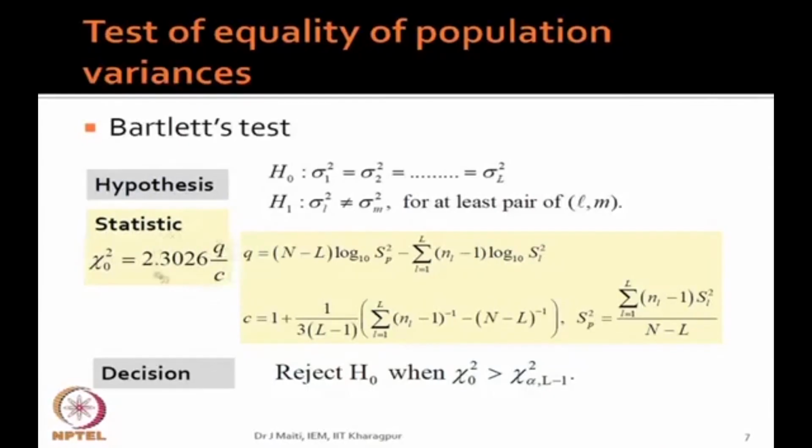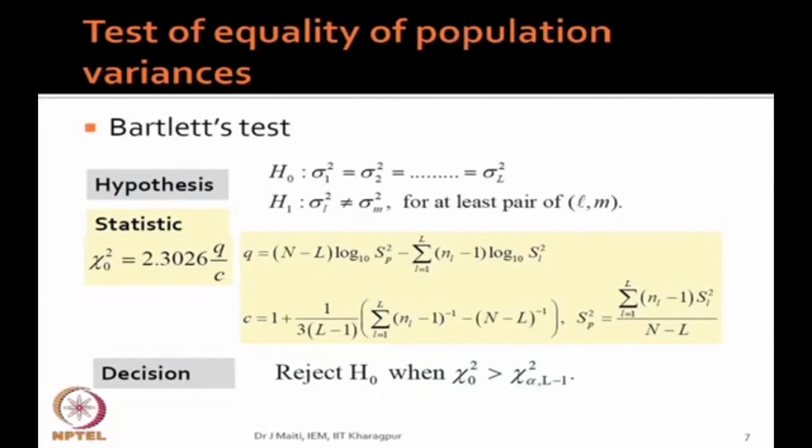This quantity follows a chi square distribution, and the degrees of freedom are clearly written here in the decision: reject H0 when the computed chi square is greater than chi square with L minus 1 degrees of freedom for a particular alpha value. So 2.3026 Q by C follows a chi square distribution with L minus 1 degrees of freedom.